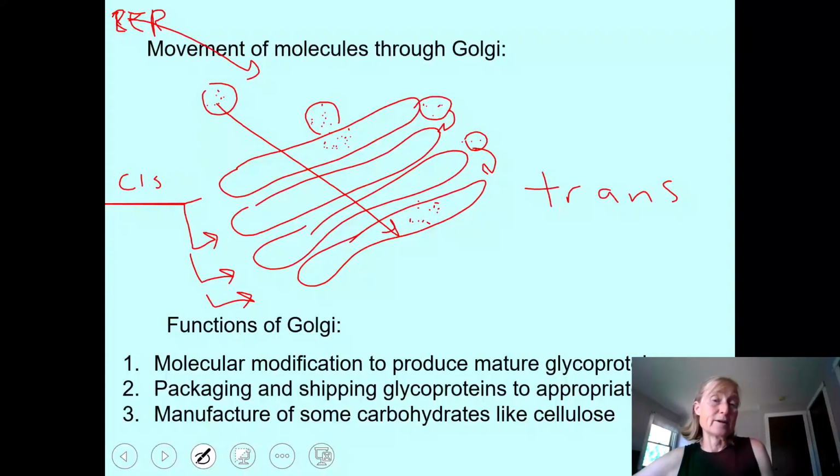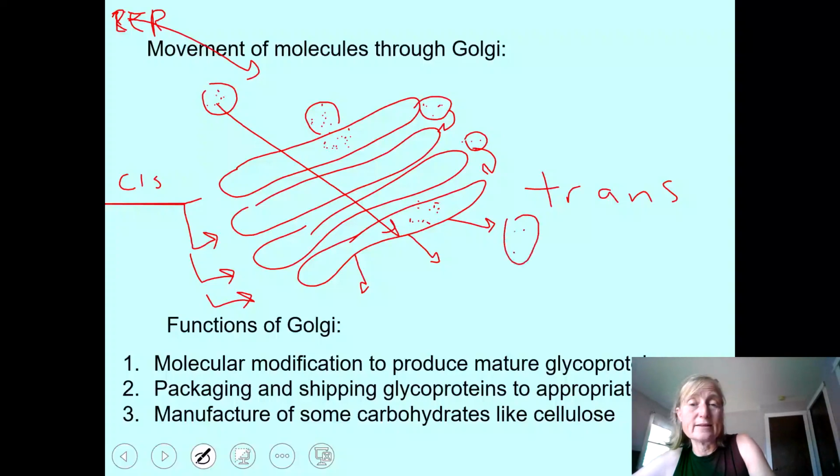Second, these glycoproteins are identified. They are given ID tags, molecular tags, like a phosphate group or some other tag that's going to help identify where they're going. These molecules then leave the trans face of our Golgi apparatus, and they tend to go in one of three places.